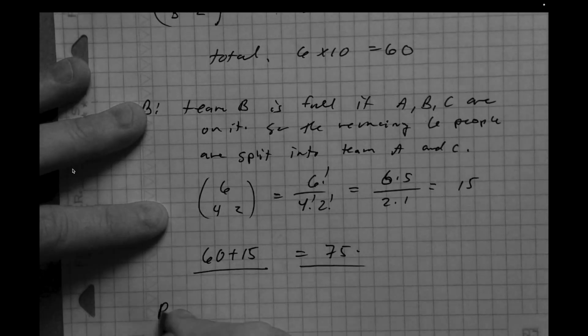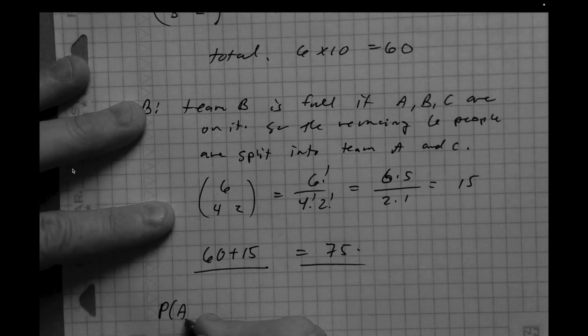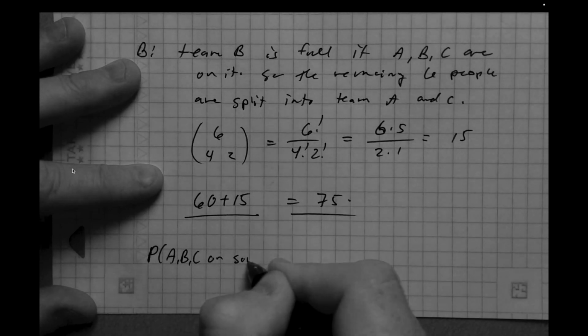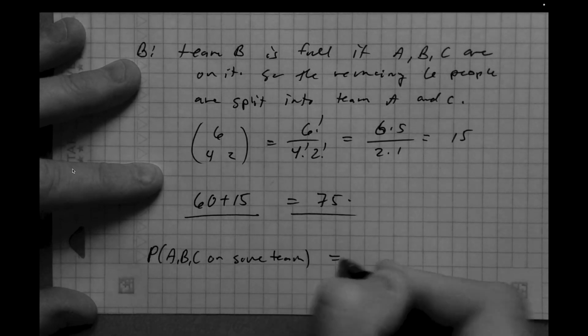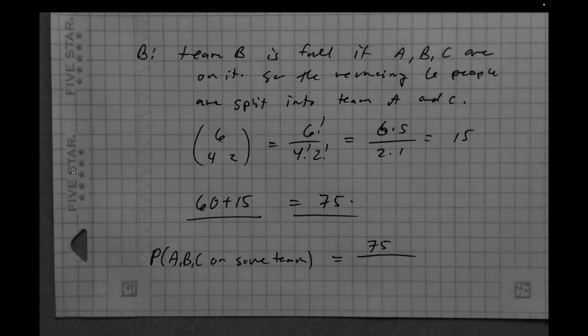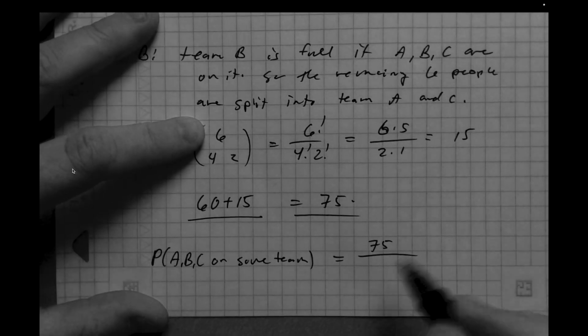So the probability of Alice, Bob, and Carol on the same team is equal to this 75 divided by the total number of simple elements in the sample space. Well, it was 1,260, right?